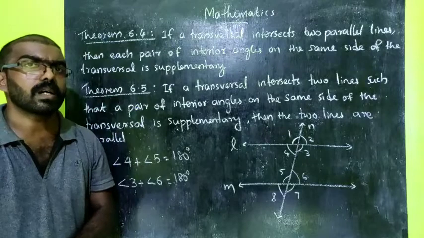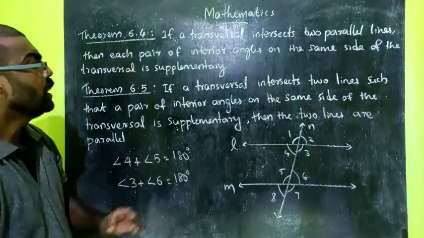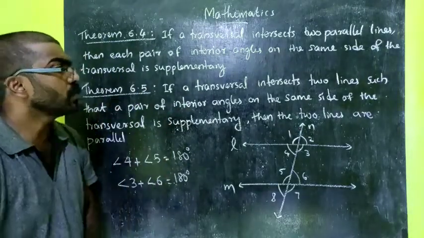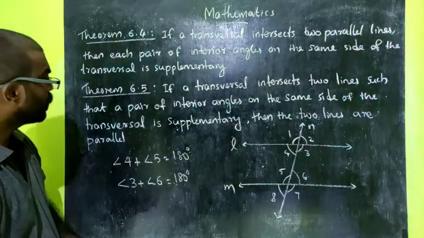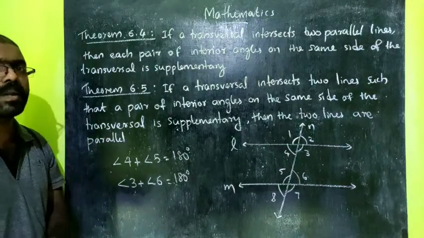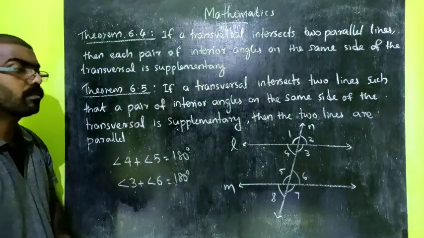And the next one is the converse of theorem 6.4. If a transversal intersects two lines such that a pair of interior angles on the same side of the transversal is supplementary, then the two lines are parallel.